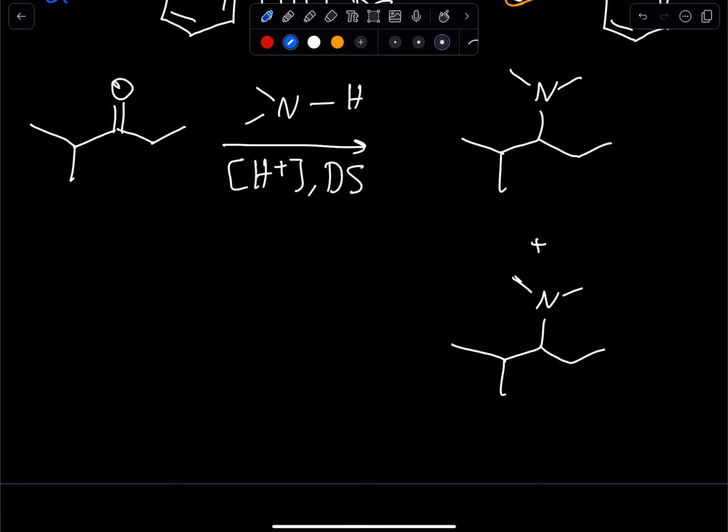So one product will have the double bond on the right side carbon and one on the left side carbon. This one will be the major product, and this one will be the minor product.